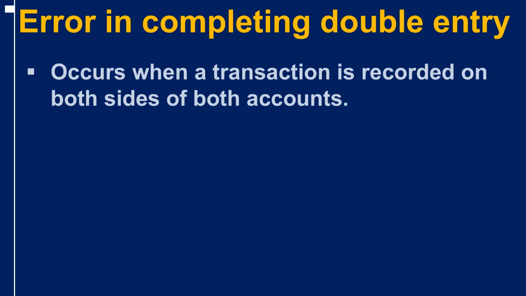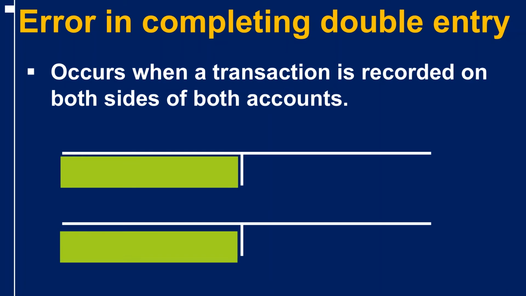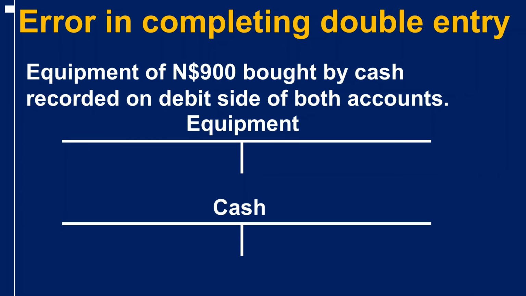The last error that we are going to look at is the error of completing the double entry. In one way, this error occurs when a transaction is recorded on the same side of both accounts. Either both accounts are debited or both accounts are credited. For example, equipment of 900 Namibian dollars bought by cash.